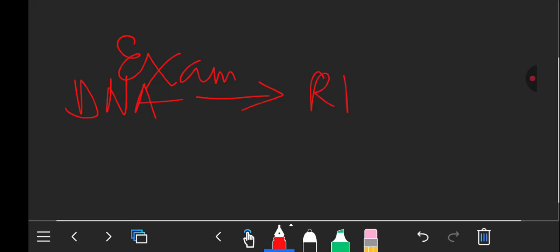So let's have an example. Let's say you have DNA being converted to mRNA, that is transcription, right? So let's say you have these pairs: we have the 3' end, adenine, thymine, cytosine, another cytosine, then the 5' end.